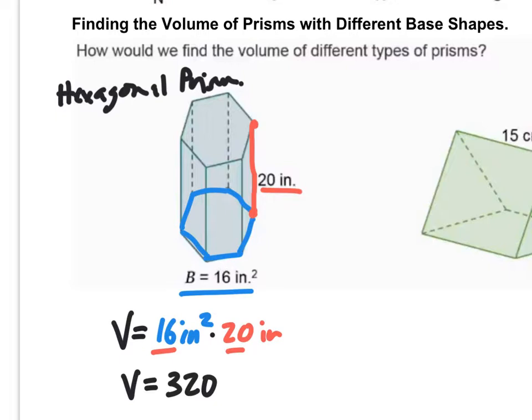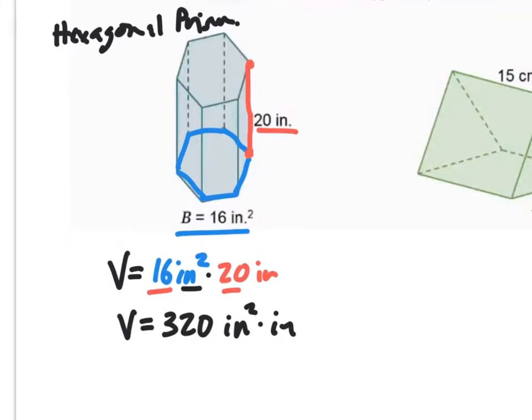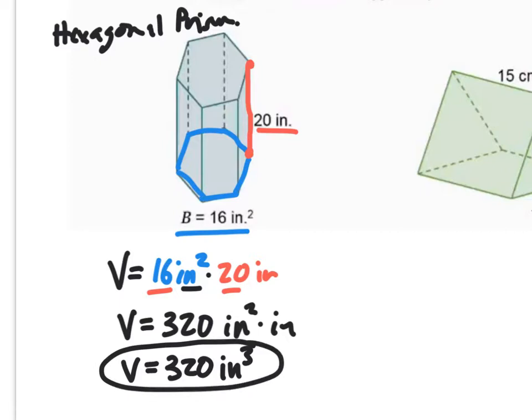Now I also have inches squared times inches. The unit of measure we get for volume is cubic, so 320 inches cubed. So with volume, we deal with cubic measurement. When we were talking about area, we were dealing with square measurement. That's why we have the little 2 there.